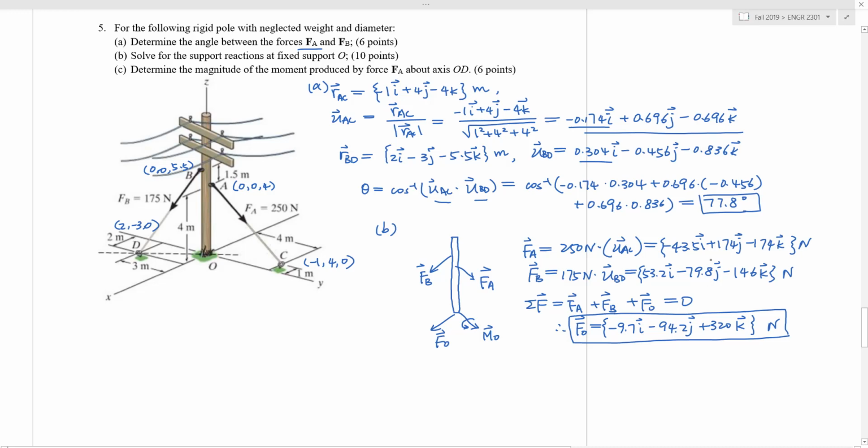FA plus FB, both of them are known, plus this one right here has to equal 0 because the pole is in equilibrium.